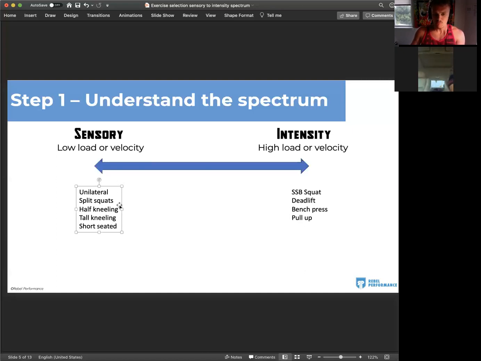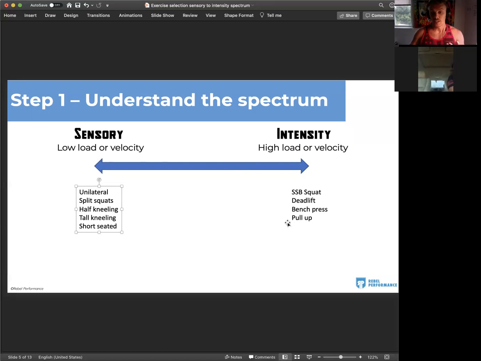Because if I give you a half kneeling one arm landmine press, again, that's an example of an exercise, you're not going to be able to do that for that much load or at that high of a velocity. I'm giving you a half kneeling landmine press because I'm trying to get you to feel side abs. I'm trying to learn to inhibit a quad. I'm trying to feel a shoulder blade moving on ribs. My goal of that exercise is not max force, velocity, power.